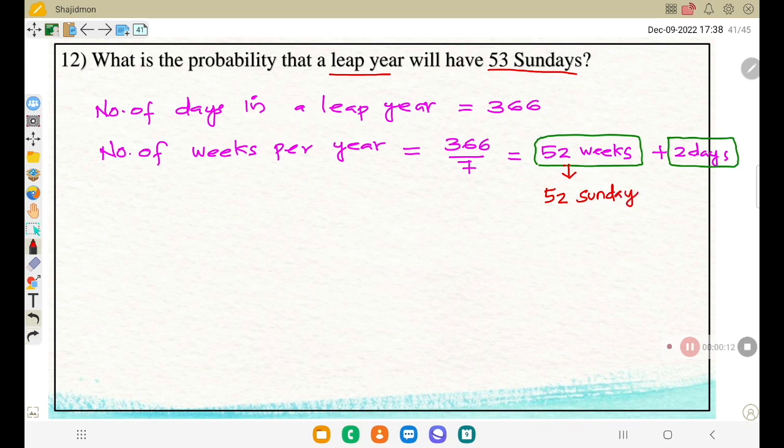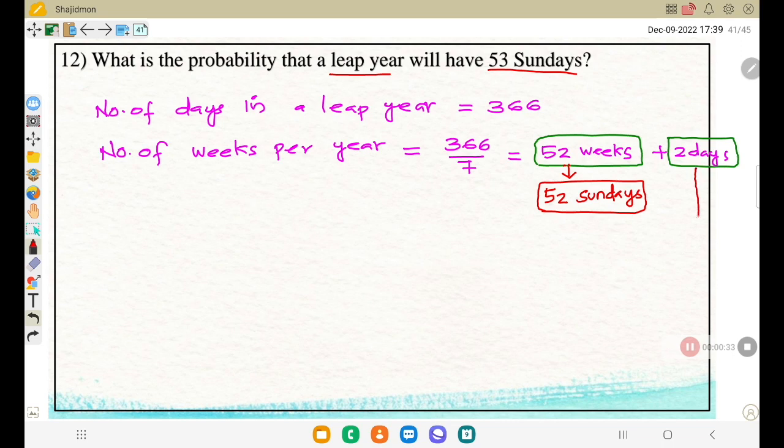I am writing only Sundays here because our question depends on Sundays. 52 Sundays, 53 Sundays, like that. So 52 weeks means 52 Sundays.